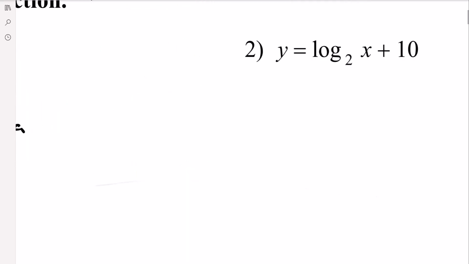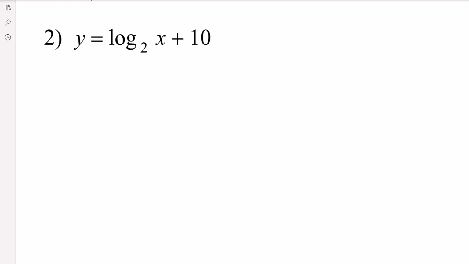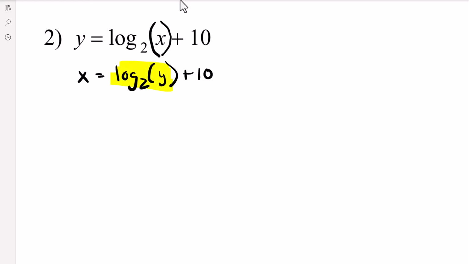All right. Now remember, if there's not parentheses, it means only the term right next to the log is the argument. Okay, so we've got our y and x. We're going to switch their place. I'm going to swap them. Well, we're going to need to get this by itself.